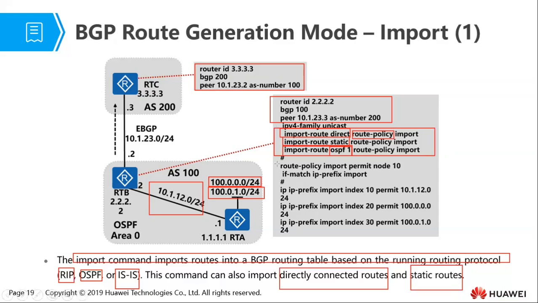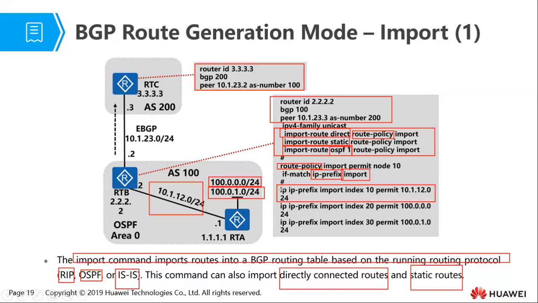In this particular routing policy, we want to apply what we call an IP prefix on the import direction. An IP prefix is very simple. It's simply used to identify packets from a particular network, just like an ACL.